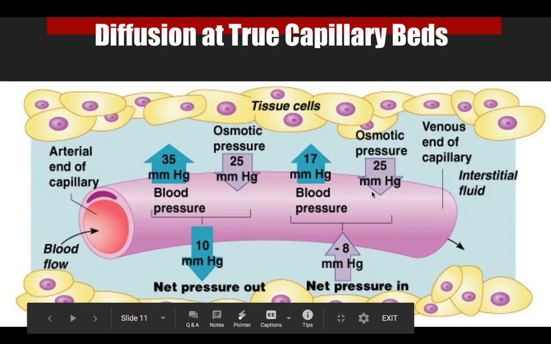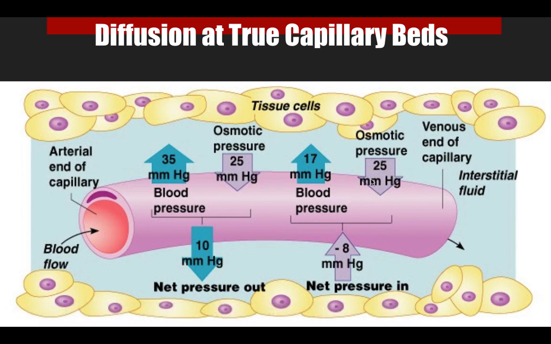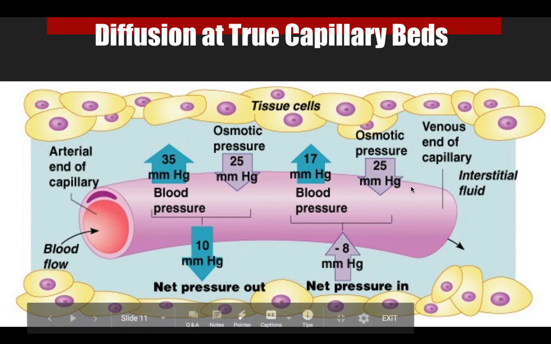Because the pressure pushing into the capillary is 8 millimeters of mercury higher than the pressure of any remaining oxygen pushing out. So that's going to allow carbon dioxide from the surrounding tissues to go in, because you have higher gas pressure at this point outside than inside.